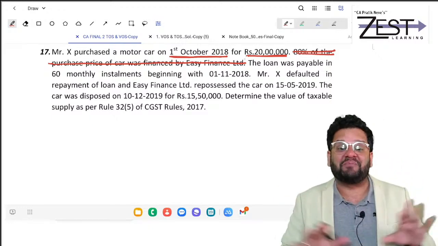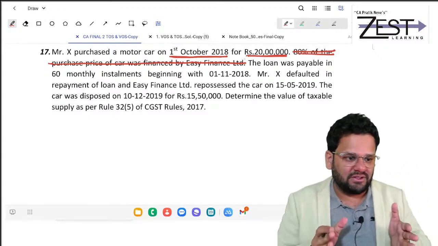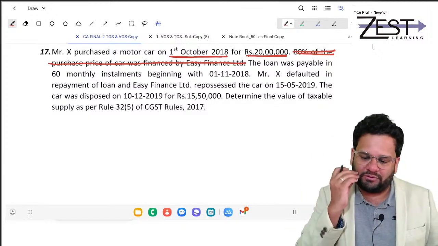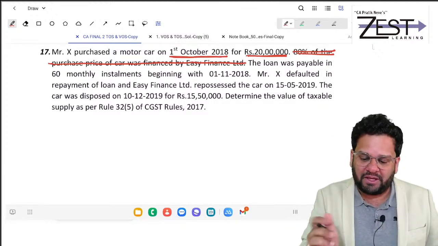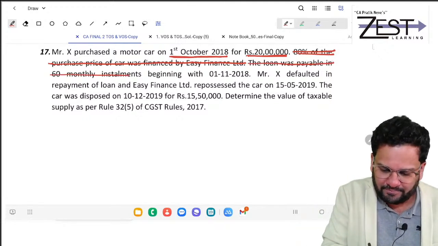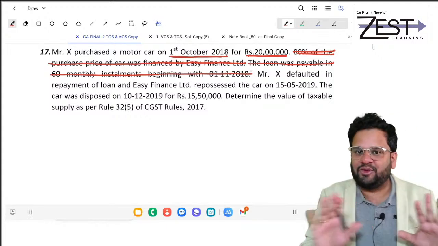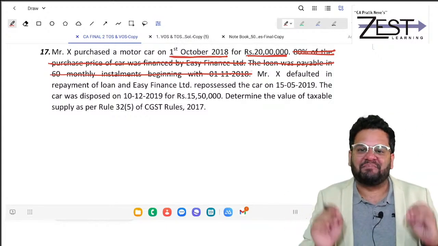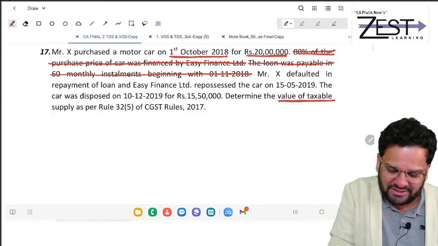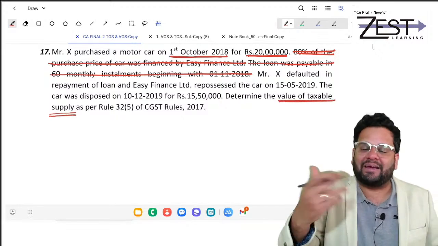Friends, I am not bothered with terms between supplier and recipient of supply. Loan was payable in 60 monthly installments. I am not bothered with that. My focus is on the value of taxable supply, which is done by the bank.